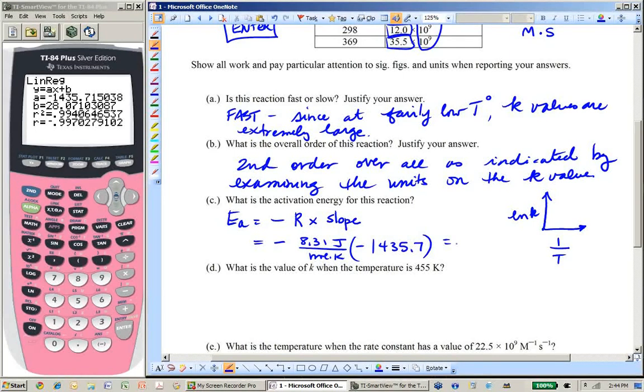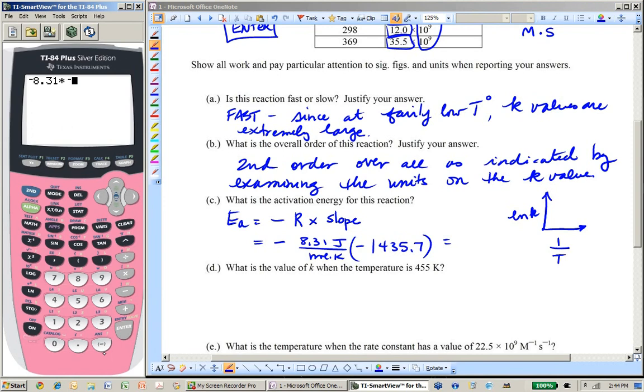Okay, so now negative 8.31 times negative 1435.7 equals a big old giant number of 11,930, right? 11,931 to be exact. So what do we end up with here for an actual answer?